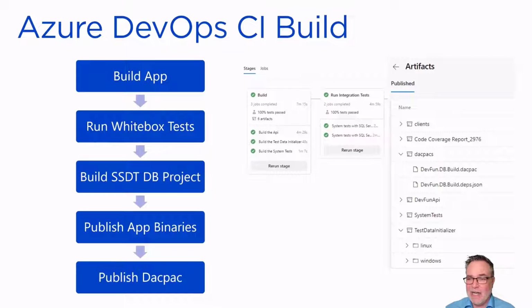So first the CI build compiles the application, but compiles the DAC pack, the database structure, in addition. We also can see on the right-hand side that I'm producing artifacts. So here we see pipeline artifacts of Azure DevOps, and we not only see the DLLs, the application, the Dev API, we particularly see a DAC packs folder containing the DAC packs.